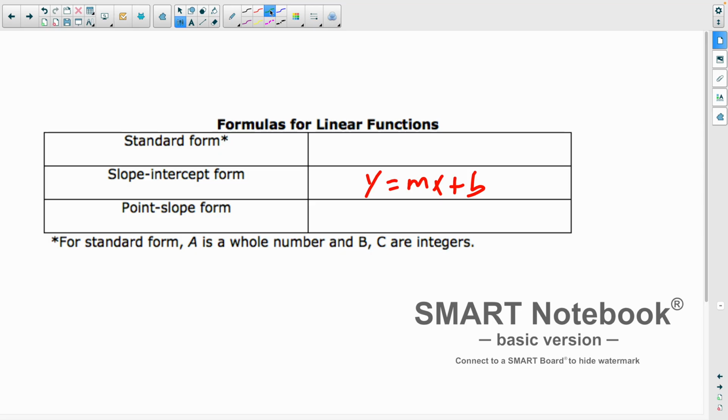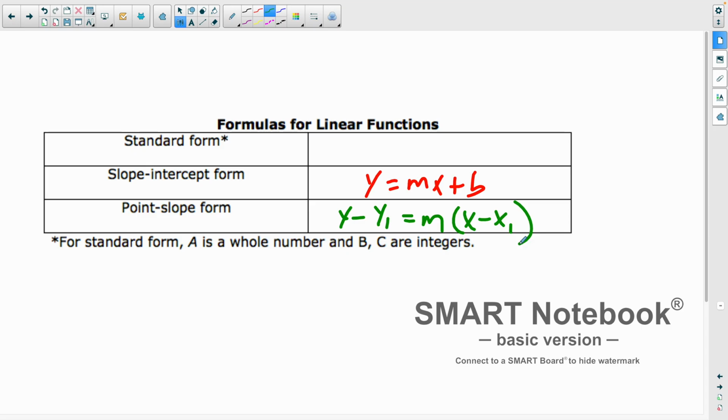Yes, ma'am. Okay, what do you think? Point-slope form is what? Close. Y minus y1 equals m times x minus x1. You were starting on the right spot.